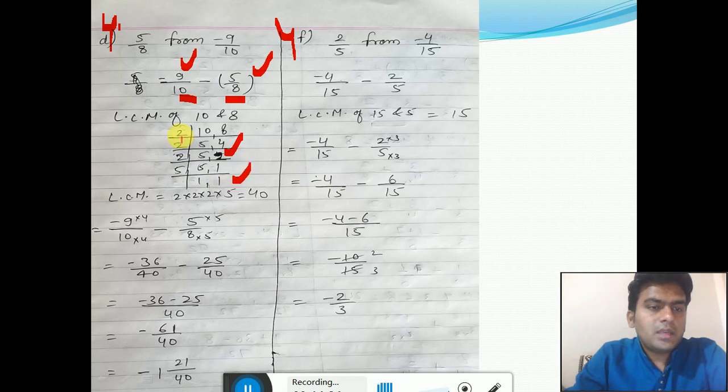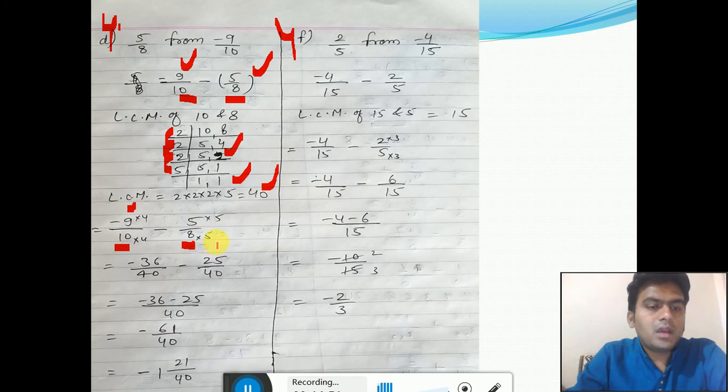So the LCM is 2 into 2 into 2 into 5. 2 2s are 4, 4 2s are 8, 8 5s are 40. Now the first number's denominator is 10, so multiply it by 4 in the numerator as well as the denominator. The second number's denominator is 8, so multiply it by 5, 8 5s are 40.